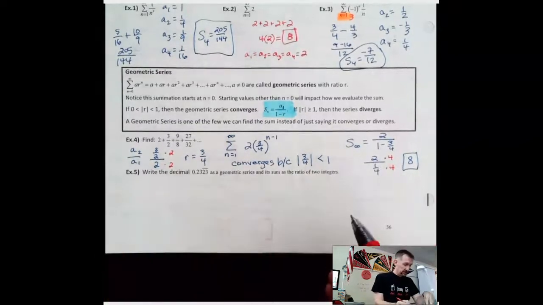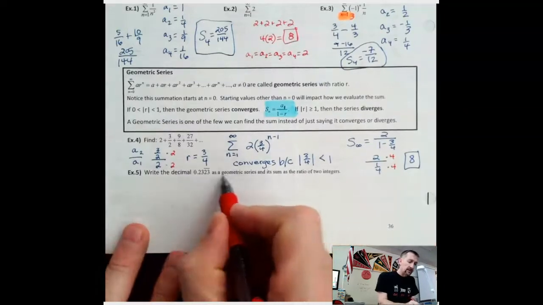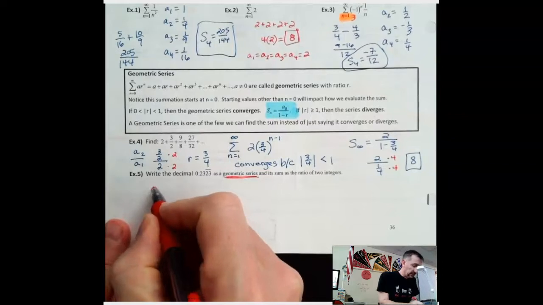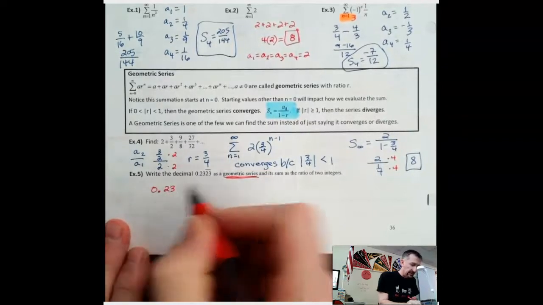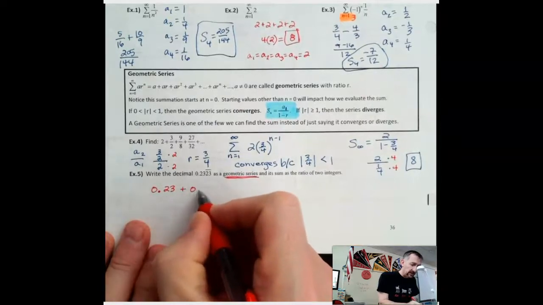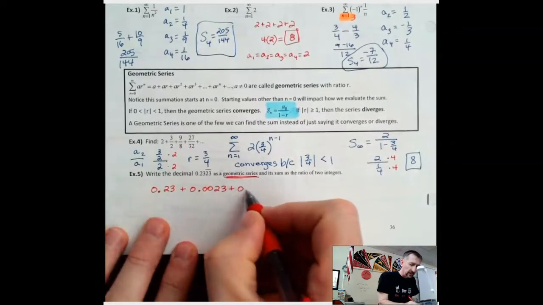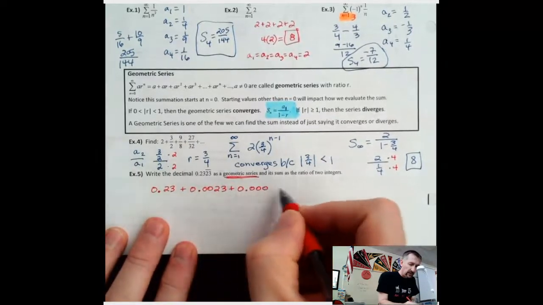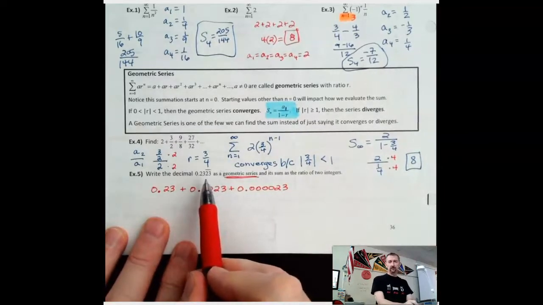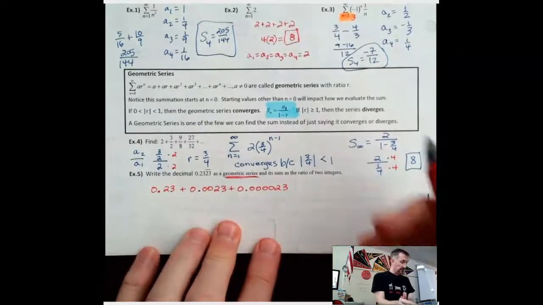All right, so let's write this as a geometric series. What we can do here is a little bit tricky. If we let the first term be 0.23, and then if we let the second term be this, and then 1, 2, 3, 4, because that's a repeating decimal, so it's 2, 3, 2, 3, on and on and on.